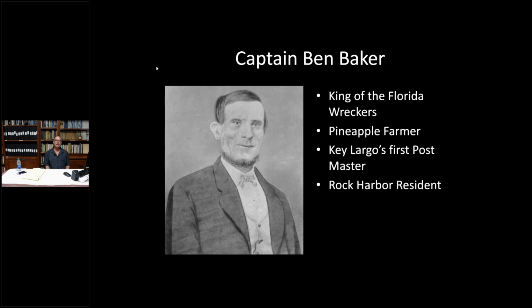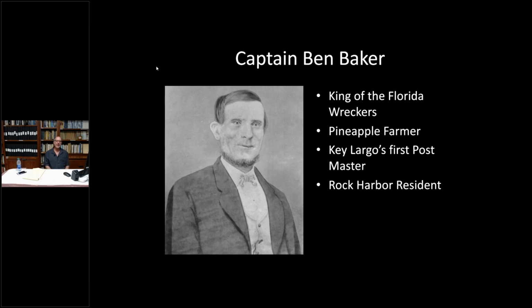Sometime in the late 1850s, he decided that pineapple farming would be a great second job, and he went to Cuba and collected thousands of pineapple slips and suckers, little baby pineapple plants that start to grow out of a pineapple, and sailed them aboard his wrecking schooner, the Rapid, up to Key Largo, where he and his family had cleared some land, and so he becomes really one of the first commercial pineapple farmers in the Florida Keys.